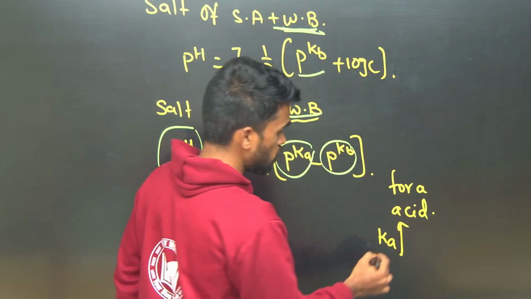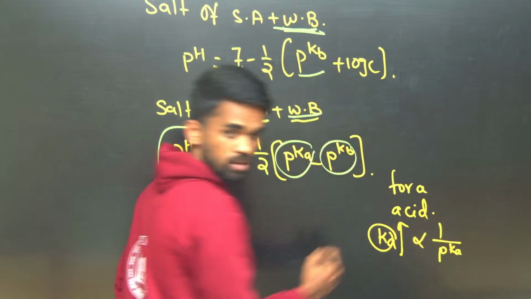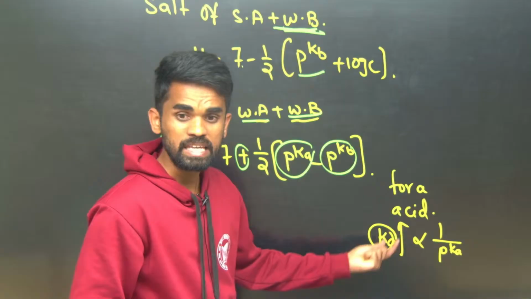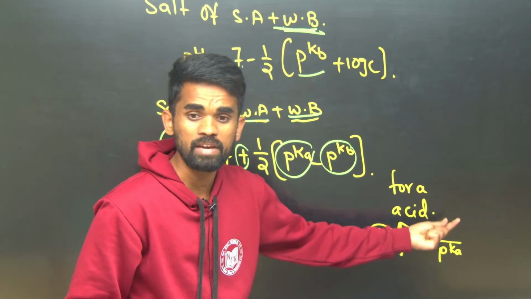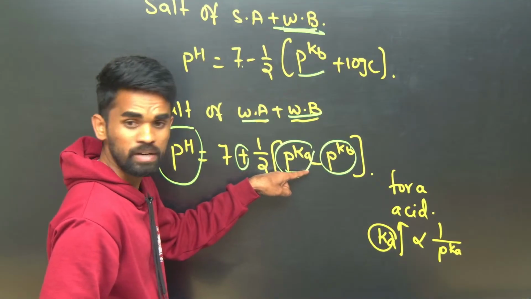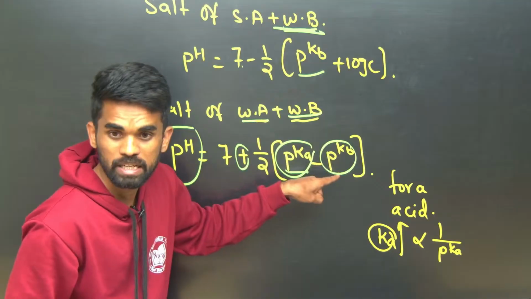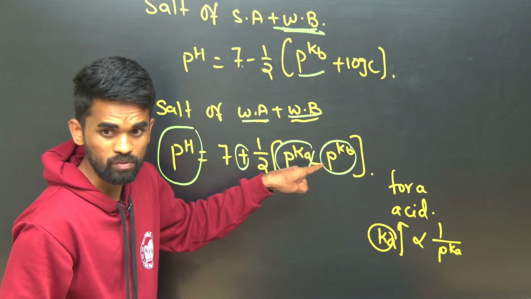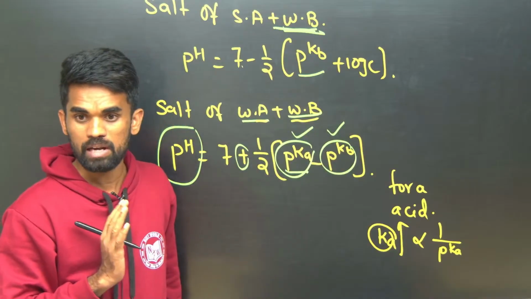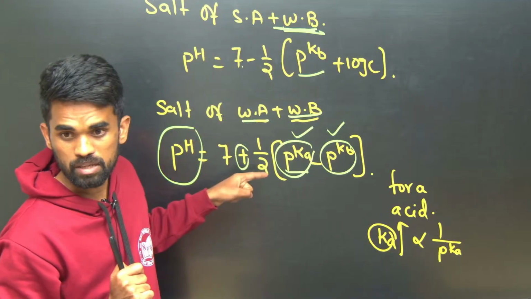So if Ka is more, its pKa will be less. Okay, so for a better acid, the Ka value will be greater and pKa will be lower. So if pKa is lower, now what happens? This will be a negative value. So 7 minus something it becomes. Do you get what I am saying here? It depends upon the pKa and pKb values. Okay, that's it. So you need to remember these three formulas.